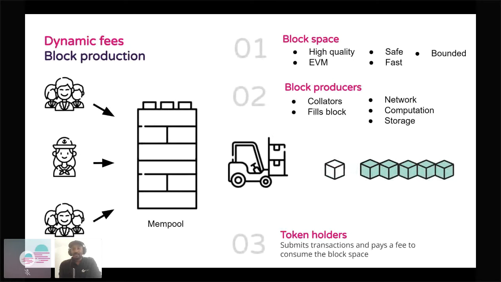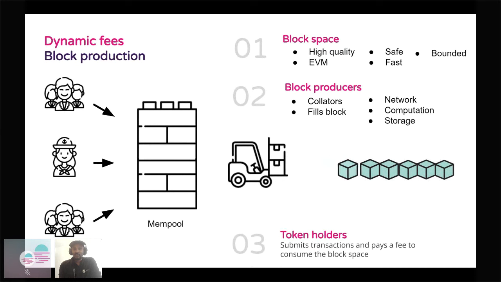But these things can also be done in a secure and fast way compared to other solutions that we can find out there. But this block space is limited, it's scarce, bounded, if you want. So basically, what we propose is to have 15 million gas units for each block that users can use in order to transact.